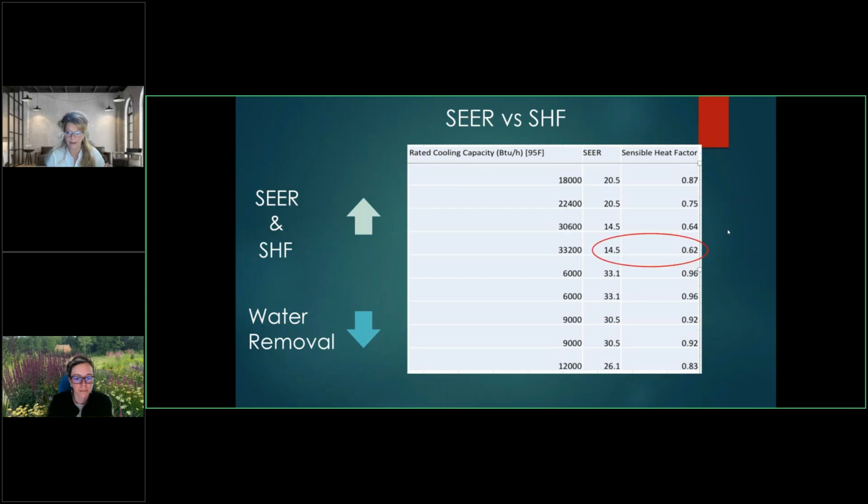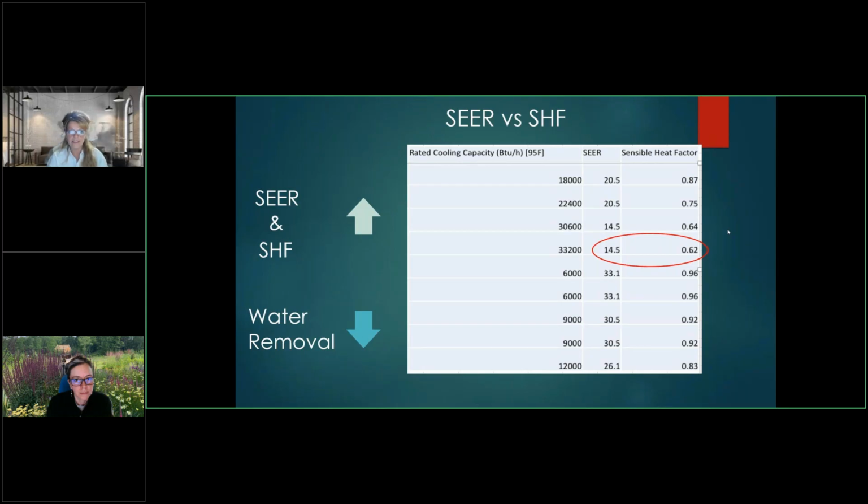So what does that mean? Let's look at some data here from an HVAC manufacturer. We have a 14.5 SEER system here, and its sensible heat factor is 0.62. What this means is that when it's running, 62% of the BTUs from that system are going to the sensible cooling, so the thermostat setting, what you feel, and 38% of the BTUs are going to remove water.